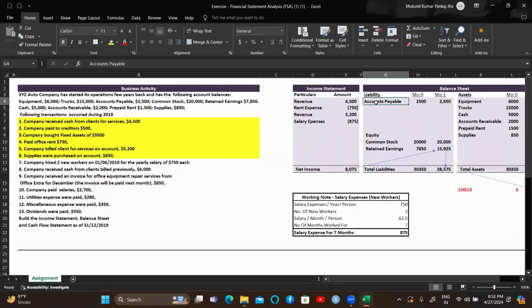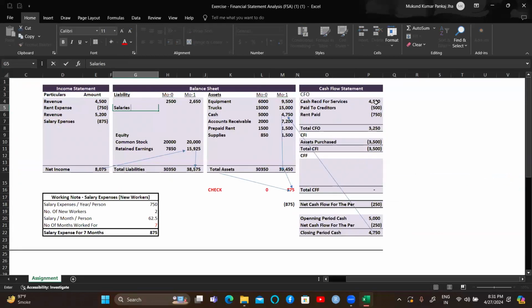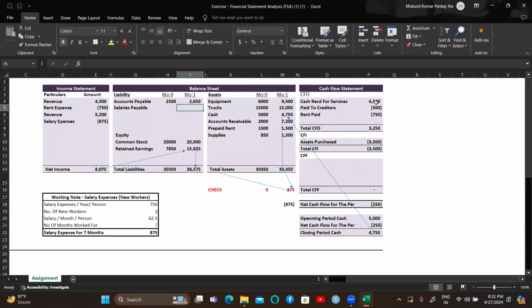For now, let's keep it for payable. Later, we will record whether it has been paid or not. Salaries payable, 875.